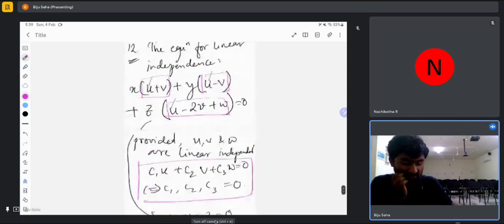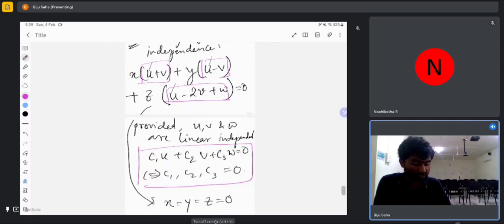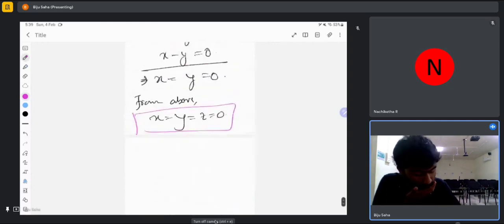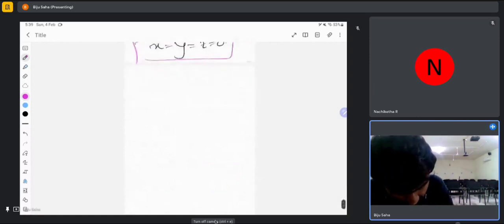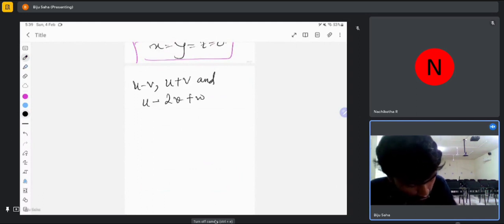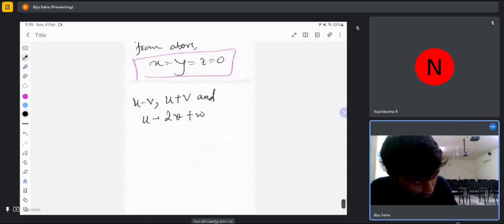We started with this, and using the very fact that u, v and w are linearly independent, we achieved that x, y and z turn out to be 0. So that says the vectors u plus v, u minus v and u minus 2v plus w are indeed linearly independent.